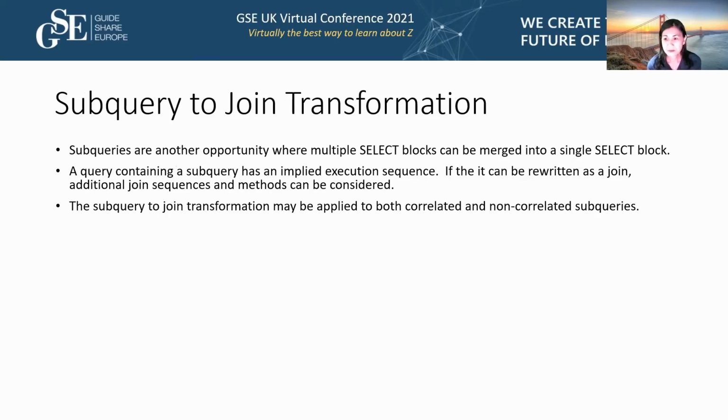The subquery transformation can be applied to both correlated and non-correlated IN subqueries. If the statement contains multiple subqueries, we will have multiple select blocks. Subquery transformation tries to merge these multiple select query blocks into a single query block.